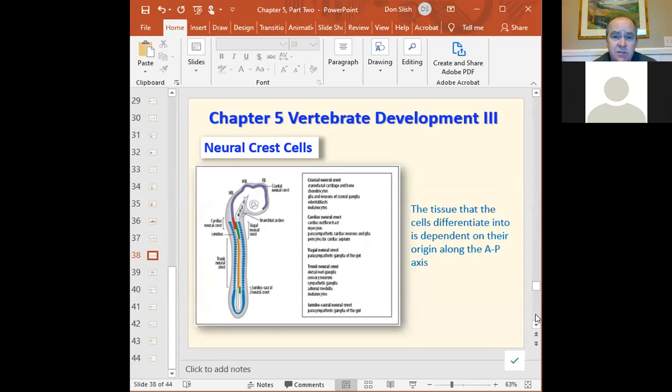Tissue that the cells differentiate into is dependent on their origin on the anterior-posterior axis. This is a little bit complicated, but not really. These neural crest cells are multipotent, because they can become a lot of different things. And if you take them out of where they are and put them in a different place, they'll become something else.